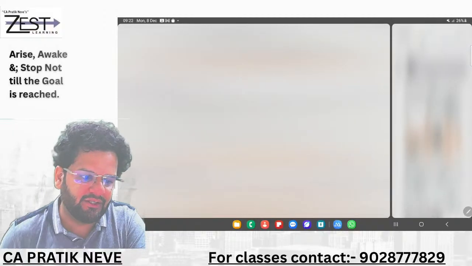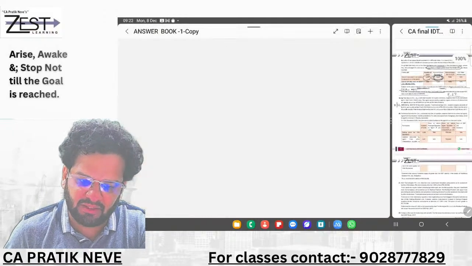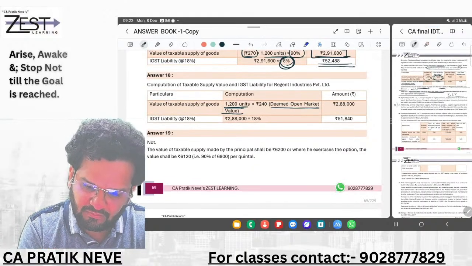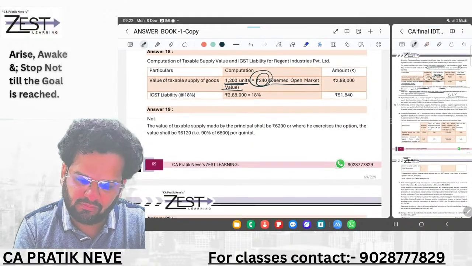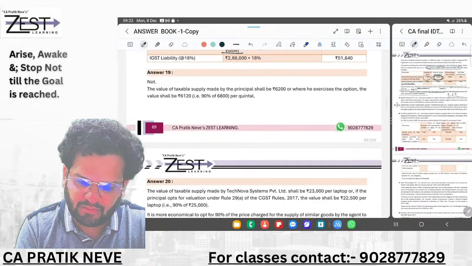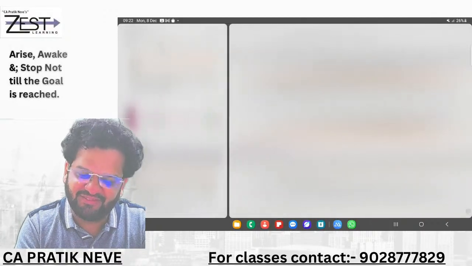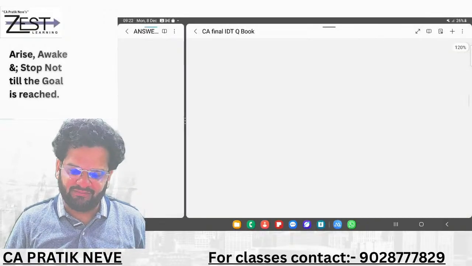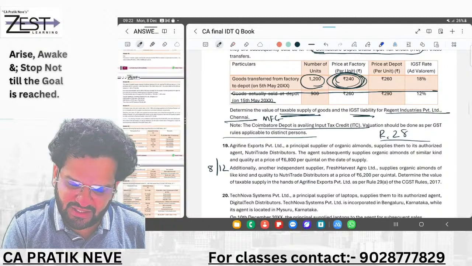So 1200 into 240 will be assessable value. See this? Clear? So shall we go ahead? Is this rule 28 clear?